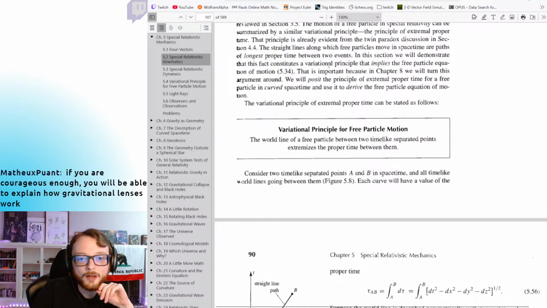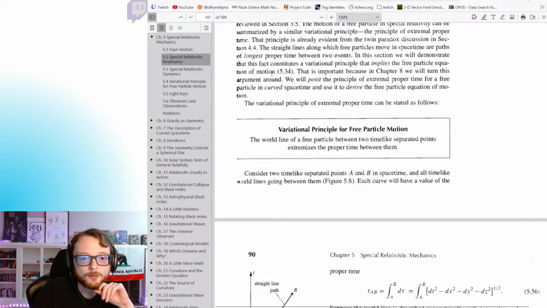Okay, so I kind of just glazed past it at the time. We will, in this section, demonstrate this fact constitutes a variational principle that implies the free particle equation of motion. But in chapter 8, they do the opposite.